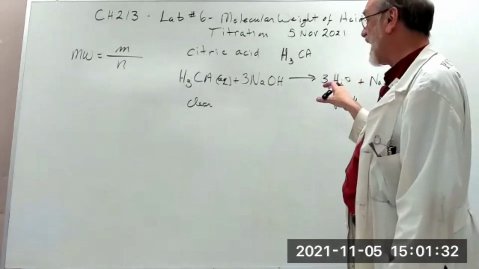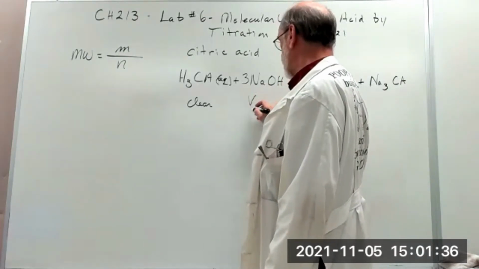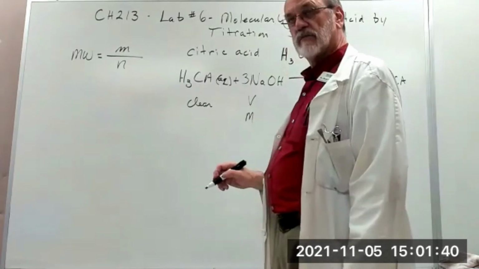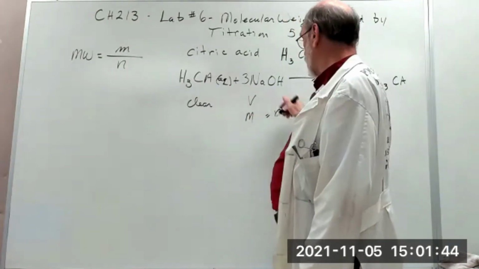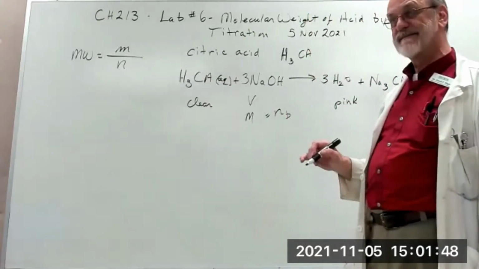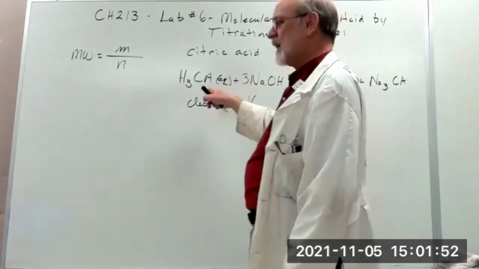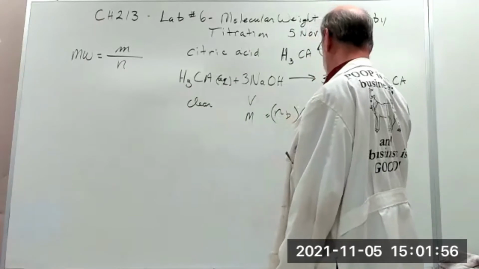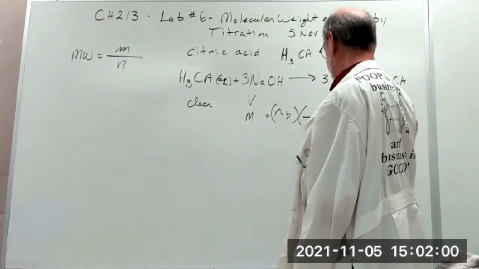Once we know that, we know the volume that was delivered and we know its concentration. So molarity times volume equals moles. That's how many moles of base. So if we know the number of moles of base, how do we find the number of moles of acid?